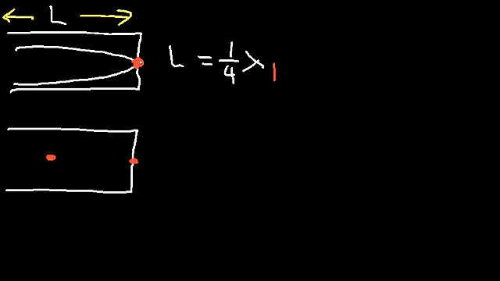So at the open side, it's going to be an antinode. And at the closed side, we're going to have a node. So it looks like this. So this is one loop. That's half a loop. So we have 1.5 loops. 1 plus 1/2 is 3/2 as a fraction.